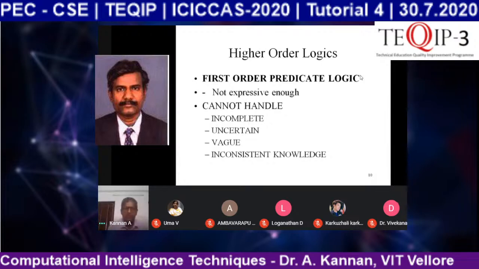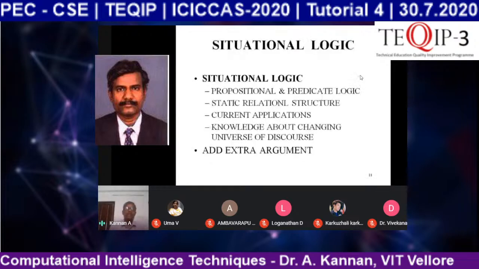The author who opposed and proposed the first logic was proposing the situation logic. In situation logic, he is giving the reasoning like this. Propositional logic and predicate logic use a static relation structure.